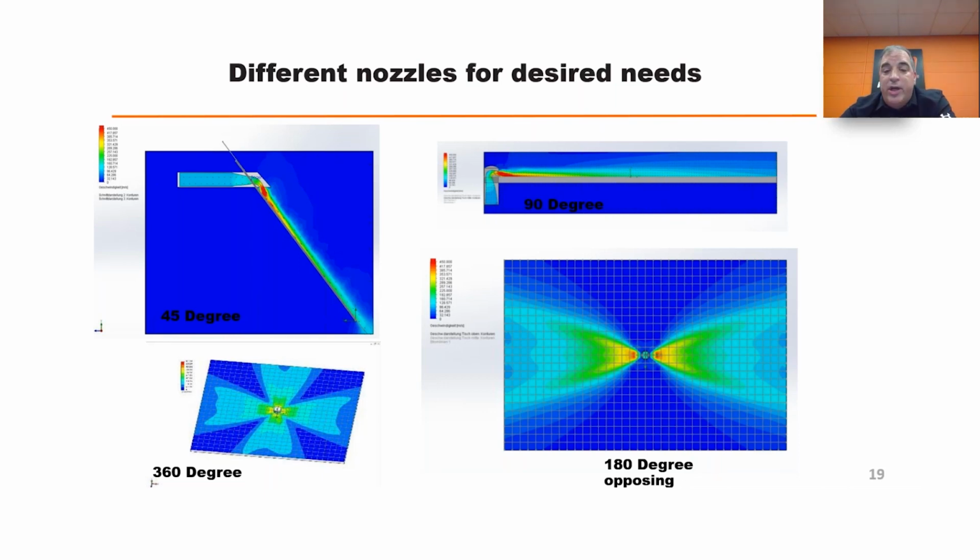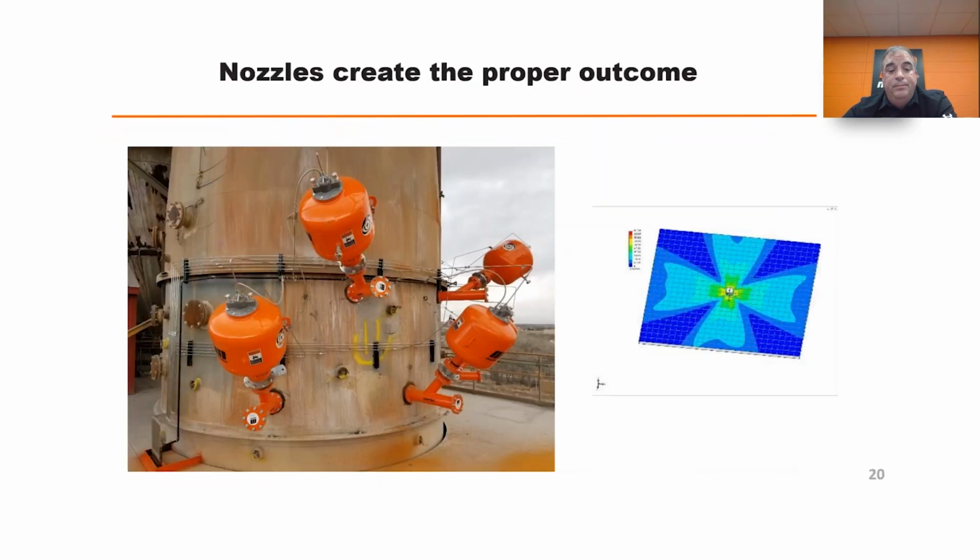Because then when you do have a shutdown, or you have an opportunity, you could change out that nozzle tip. So the nozzles actually create that outcome that you're looking for. You're trying to clean material, you're trying to move it from one place to the next, you're trying to clean it off of a surface. So the nozzle is what creates the outcome that you're looking for.